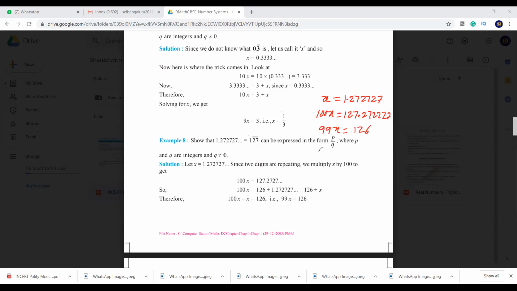Directly you can write 99x, and now x is equal to 126 by 99. So this is the p by q form. Got the point? Yes, sir. Please note down these 2 questions. Just a minute.